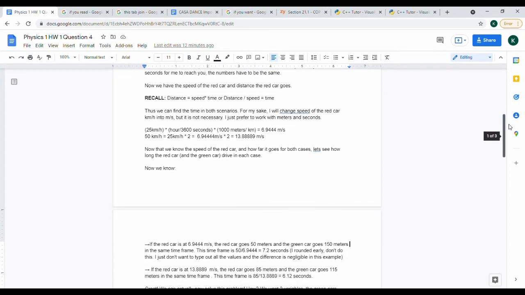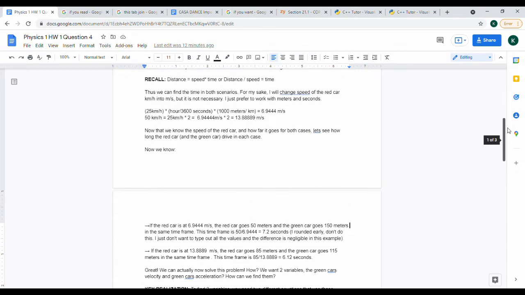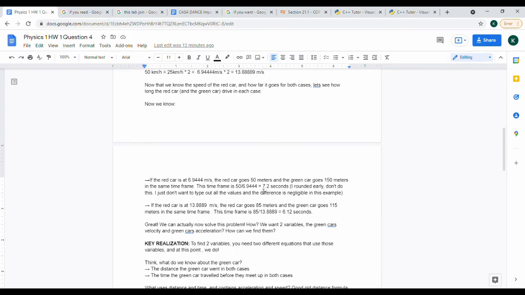So I'm just going to find time. So in the first case, the car is going 50 meters, and at this speed, that gives me this time, and then a different speed, different distance, different amount of time.